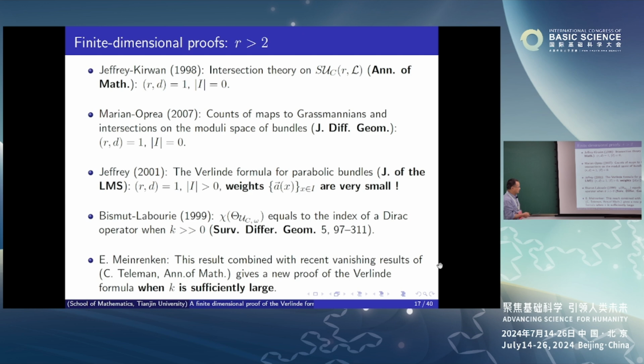So of course, if you know the Verlinde theory, as their comments say, this result compared with the rational Verlinde results gives a new proof of Verlinde.